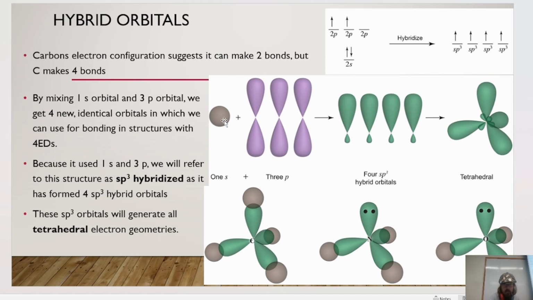So what we see is an s orbital and 3 p orbitals make 4 sp3 orbitals. You'll notice that they're kind of deformed. P orbitals were barbell shaped. This guy kind of looks like he's only decided to lift with his right arm each time.